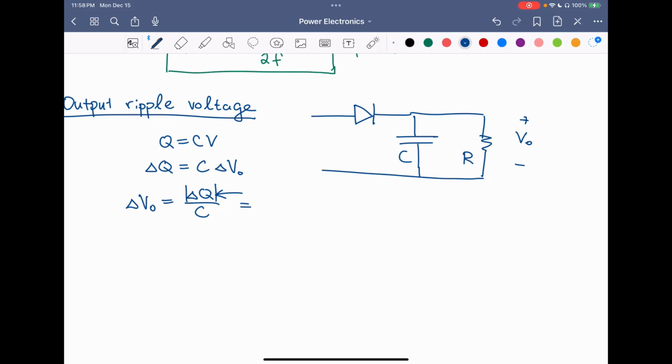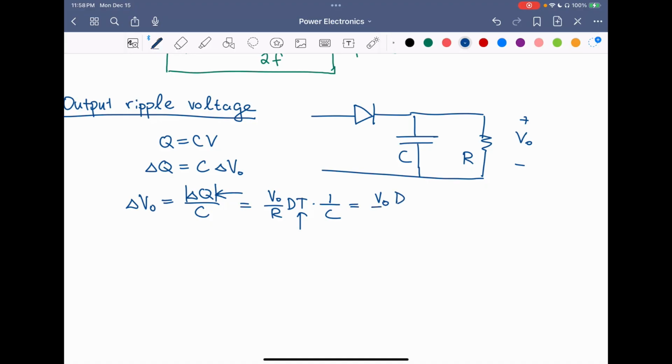That equals V naught over R dt is our delta Q, and then times 1 over C. Now, this T, as before, we can express as 1 over F.